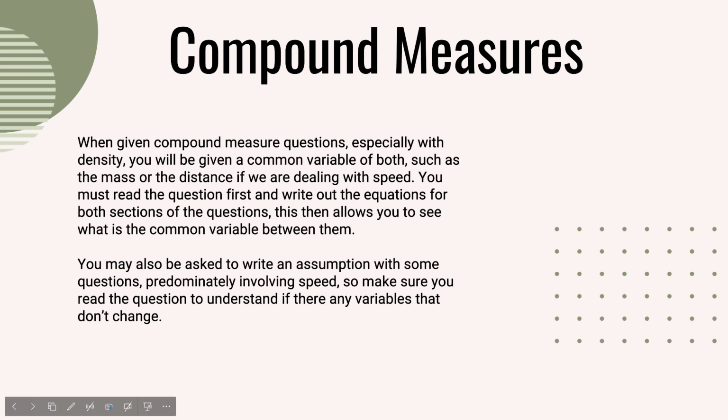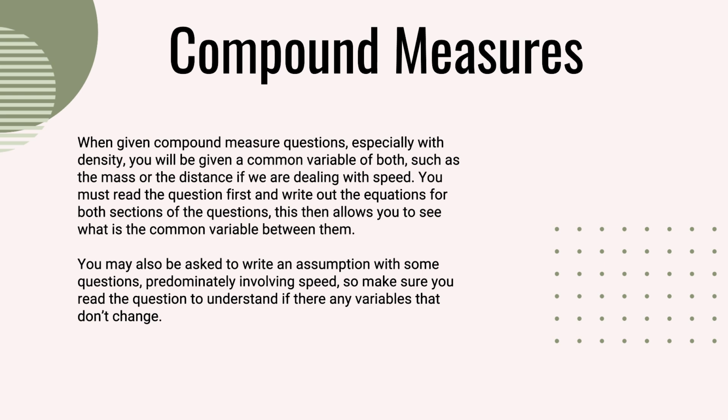When you are given compound measure questions, especially with density, you may be given a common variable for both, such as the mass, or the distance if we are dealing with speed. You must read the question first and write out the equations for both sections of the question. This then allows you to see what is the common variable between them.